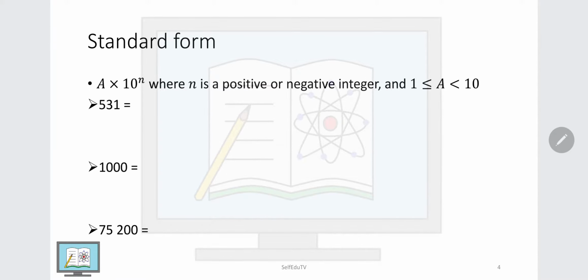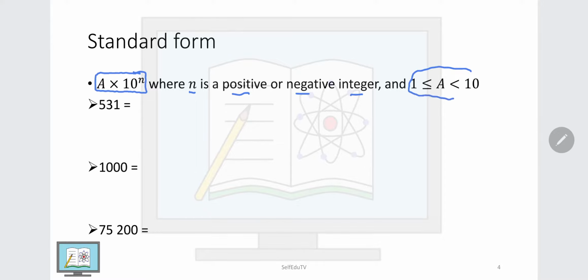From what we have seen earlier, standard form should be in this format: a multiplied by 10 to the power of n. n must be either a positive or negative integer, and the value of a must be between 1 and 10.